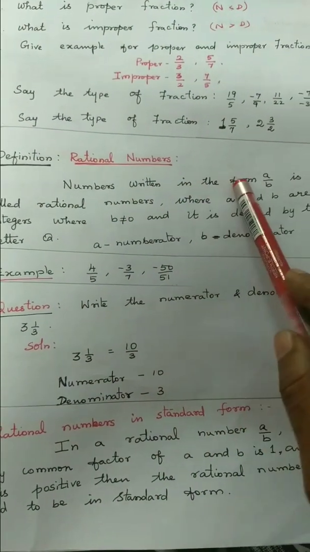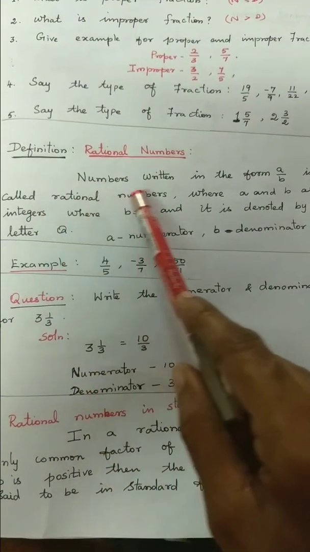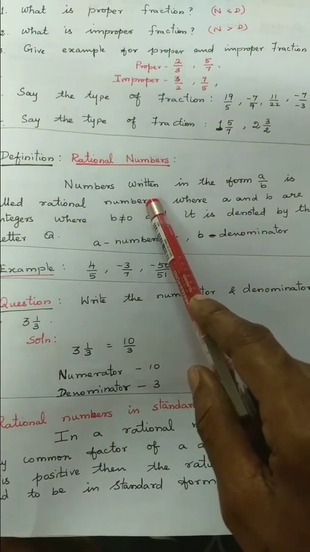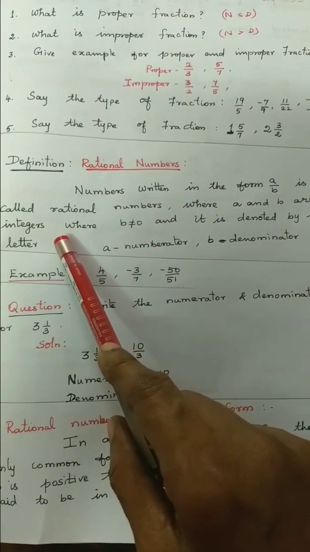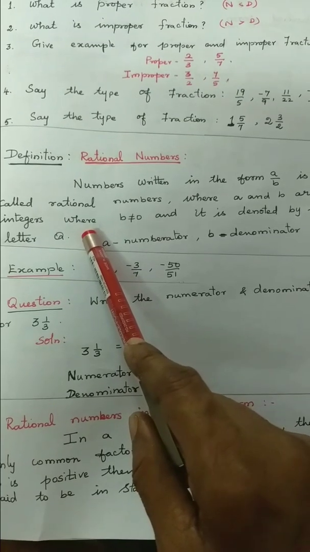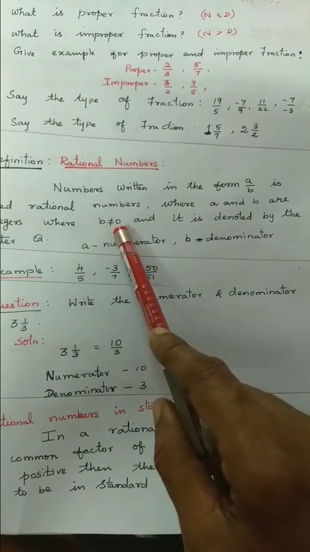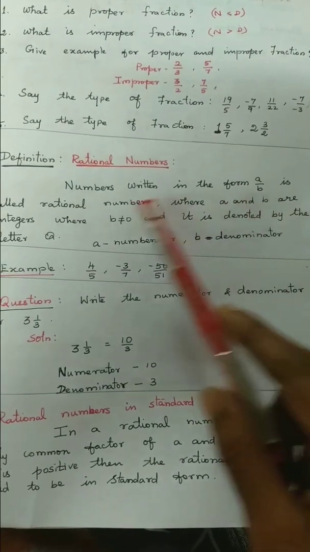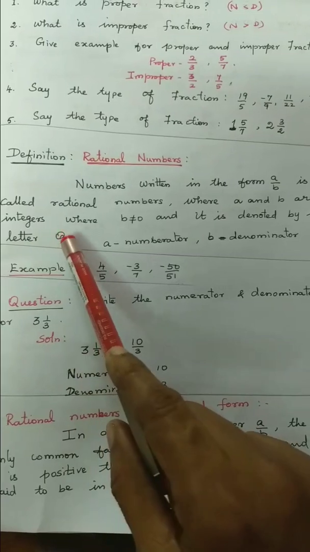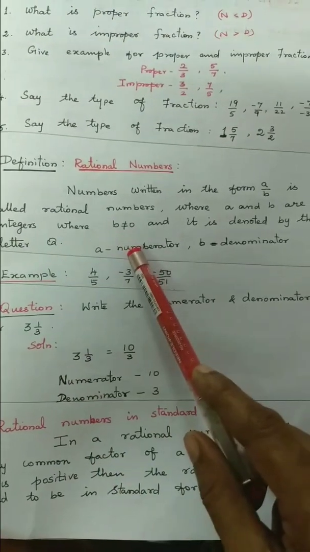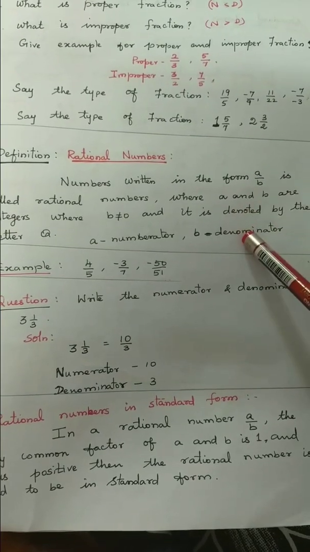Now we shall see the definition for the rational numbers. Numbers written in the form of a by b is called rational numbers, where a and b are integers, where b is not equal to 0, and it is denoted by the letter Q. We know that a is the numerator and b is the denominator.